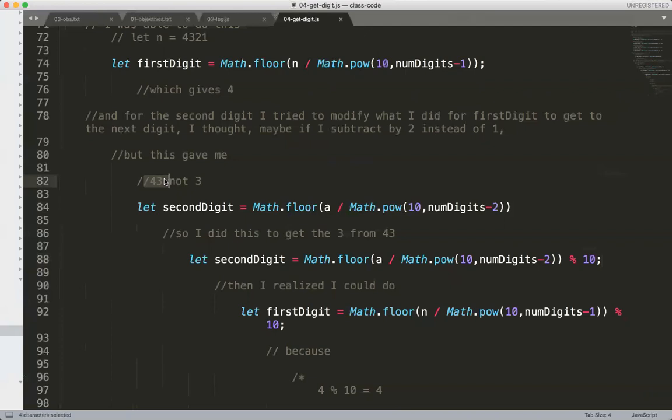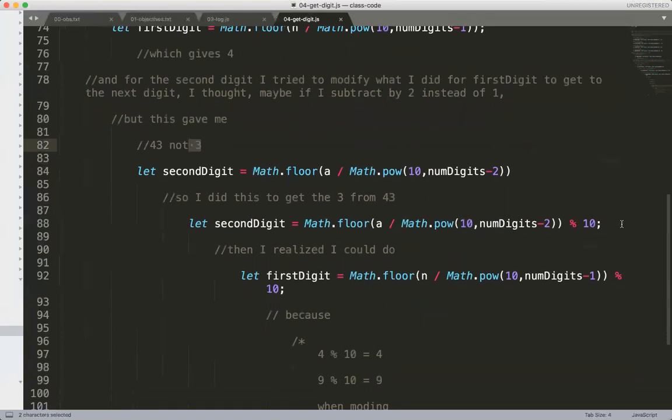And 10 times 4 is 40. 43 minus 40 is 3, right? So 10 goes into 43 4 times, and there's 3 left over. So whenever you do mod 10, it's going to give you the last digit. So we subtracted 2 and then modded 10, and that gives us the second digit, right?